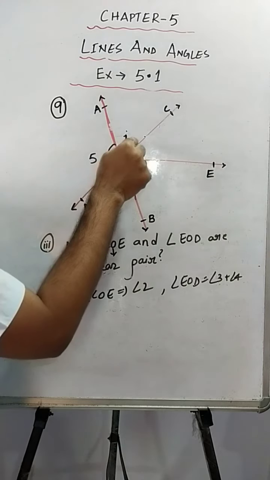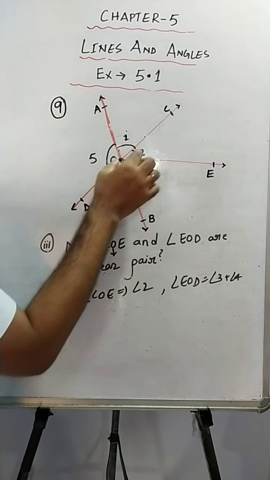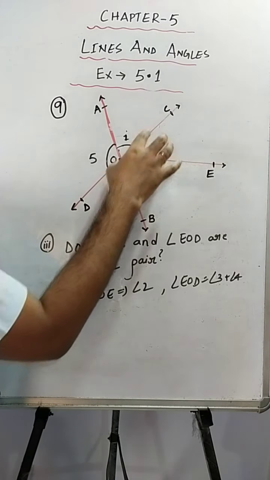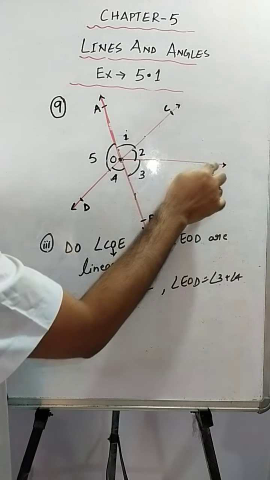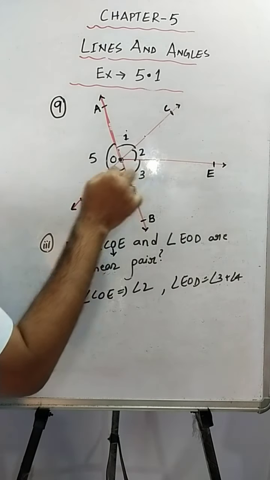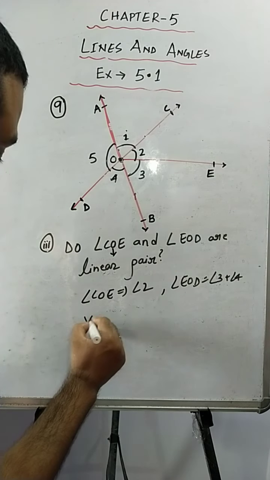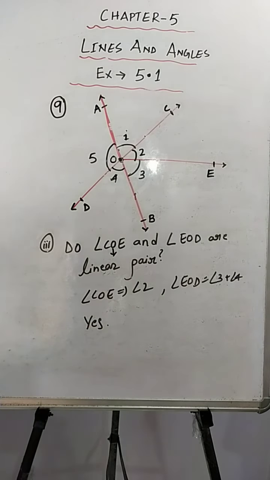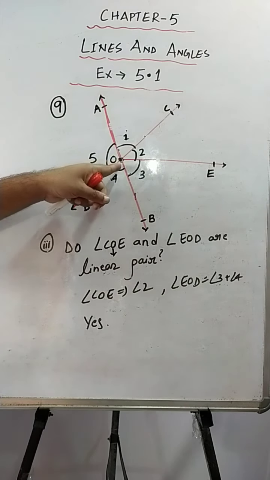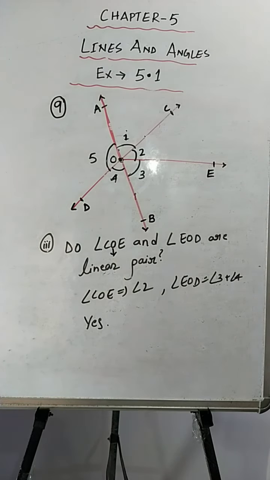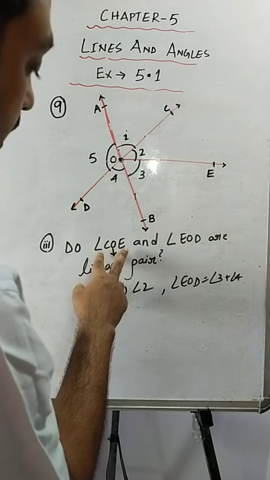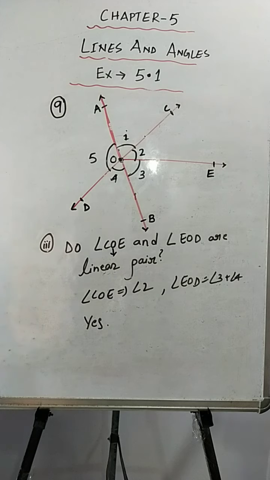A straight line is 180 degrees, and it is a combination of two angles, COE and EOD. So they are linear pairs. You will write yes. They are adjacent and they add up to 180 degrees also. That is the reason you can say COE and EOD are a linear pair.